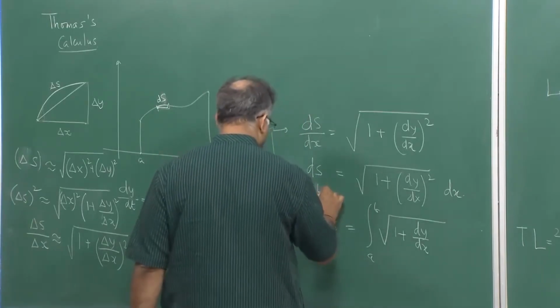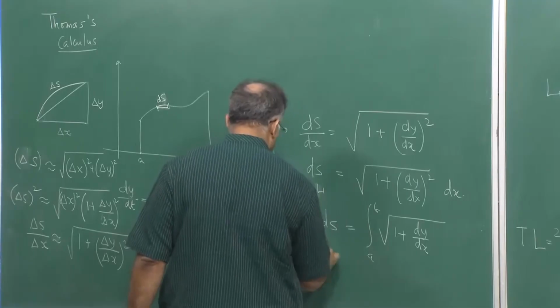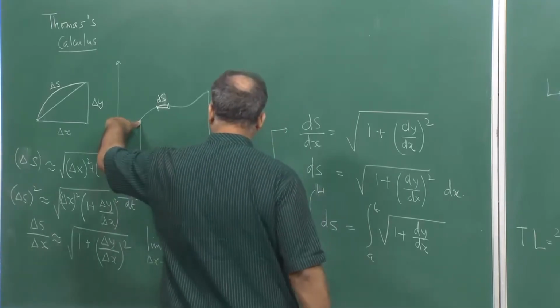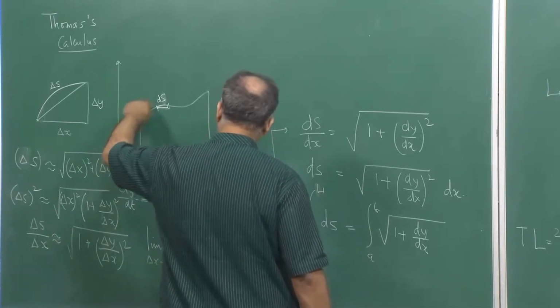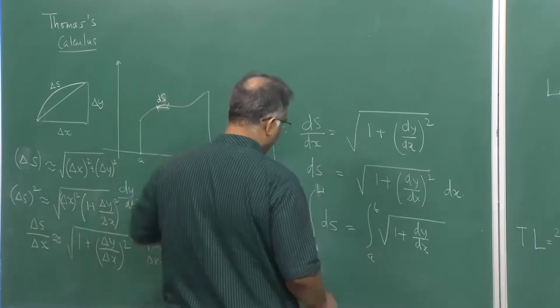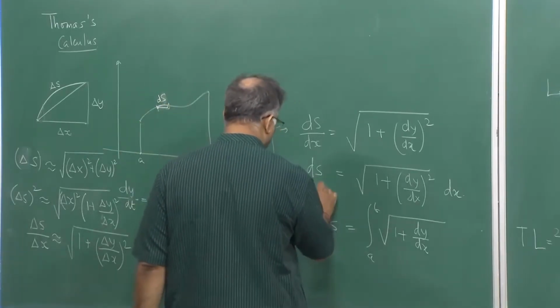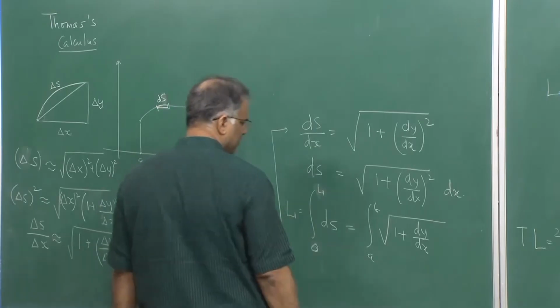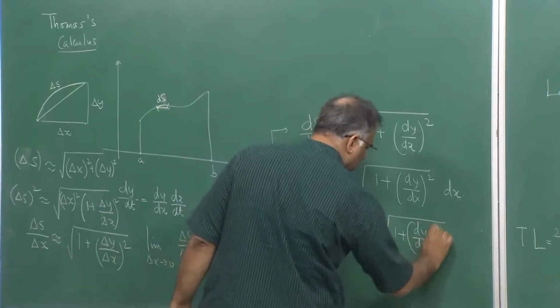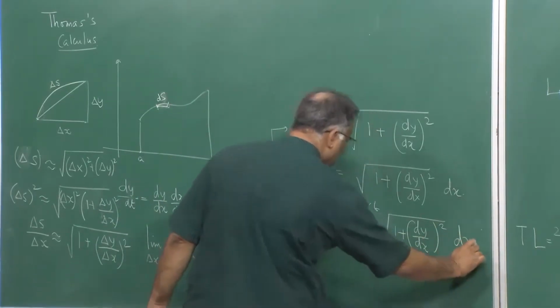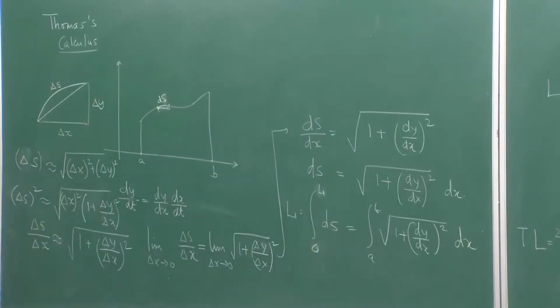It is not a to b, because when x is a, the starting length is 0, and when x is b I have covered the total length 0 to L. So, I have moved from 0 to L. So, L is the integral of root over 1 plus dy by dx whole square dx. So, this is how you compute the length, and that is exactly what we have done using the other ideas.